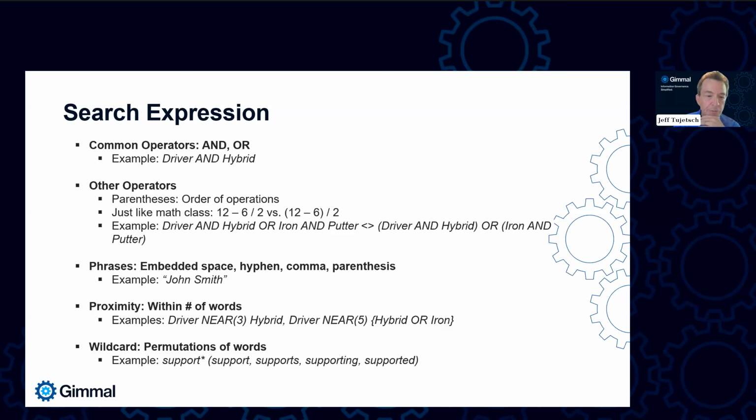So there are some things that you need to pay attention to when you're going through this. Otherwise, you're going to get errors. And we're going to be talking about that at the end and how you can identify those. So why would I not use proximity? Well, you have to make sure that you're covering all your permutations. Let's say that we're looking for a social security number, for instance.